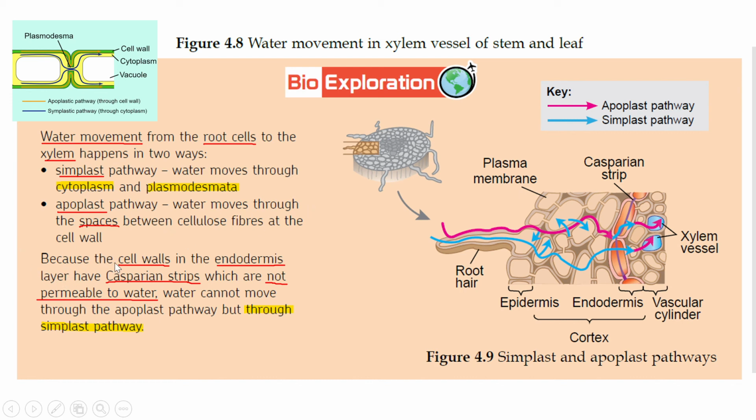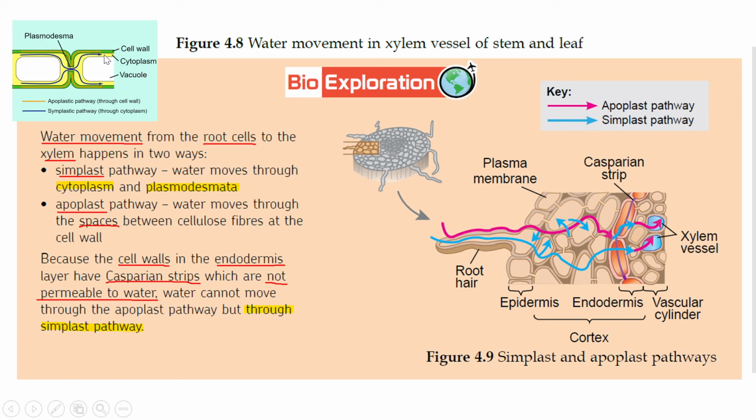So because the cell walls in the endodermis, for endodermis ini sangat special. The cell walls. Why? Because there's a layer over there, and the name of the layer is called, very beautiful name, the Casparian strip. Okay, Casparian strip ini, their characteristic is that it is not permeable to water, because we know kalau cell wall itu it is permeable to water, isn't it?